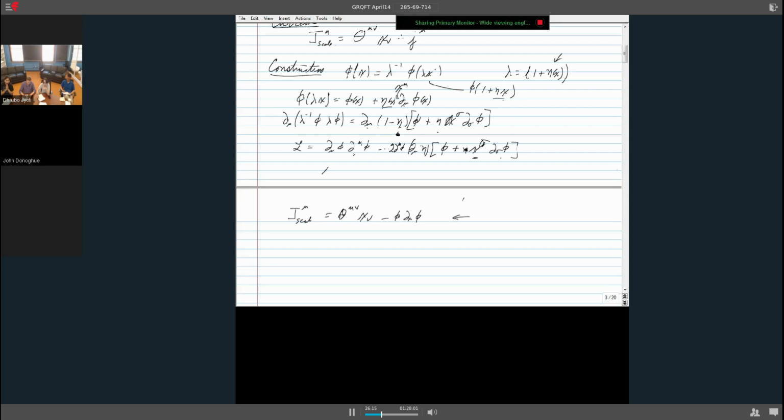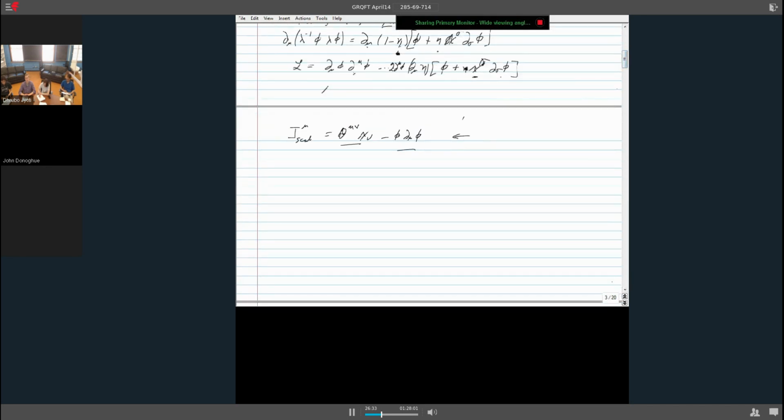So here the scale current is theta mu nu x nu, and then this scale current is phi d mu phi. Okay. If I've got my constants right, I'm only worried about a factor of 2, but I think that's the correct one.